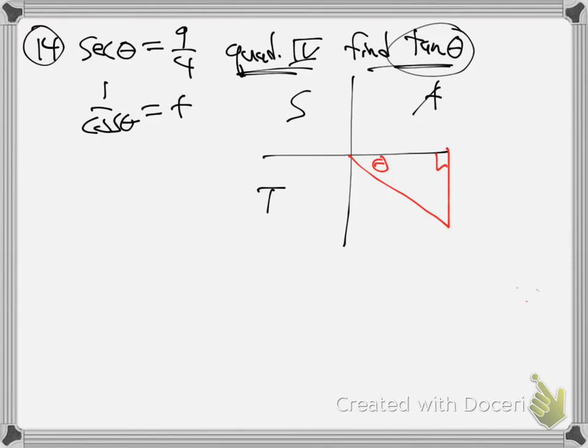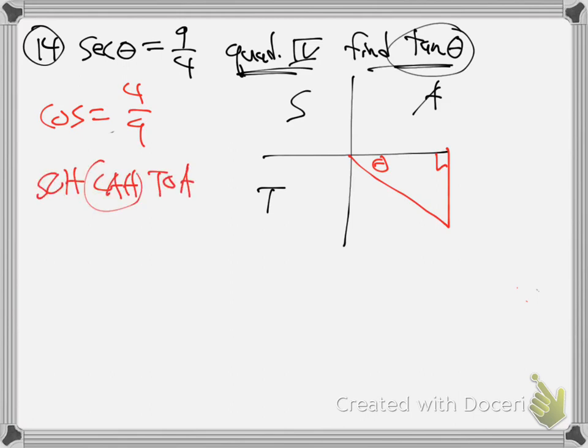So if I flip this over, cosine must be 4/9. Remember SOHCAHTOA, cosine's adjacent over hypotenuse. So adjacent is 4, hypotenuse is 9. This is the opposite side, this is the adjacent, this is the hypotenuse.